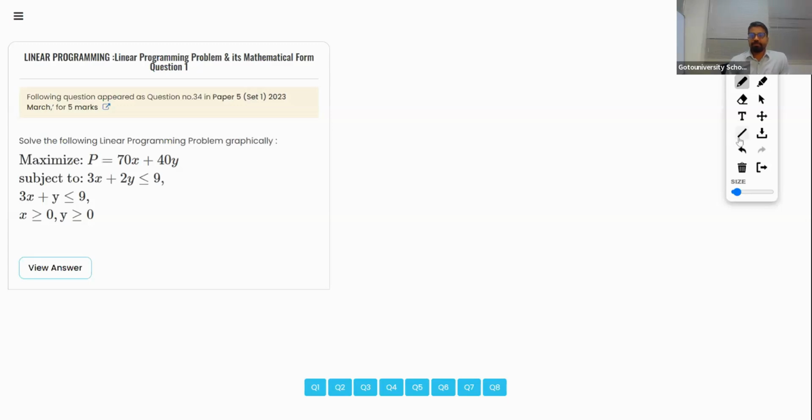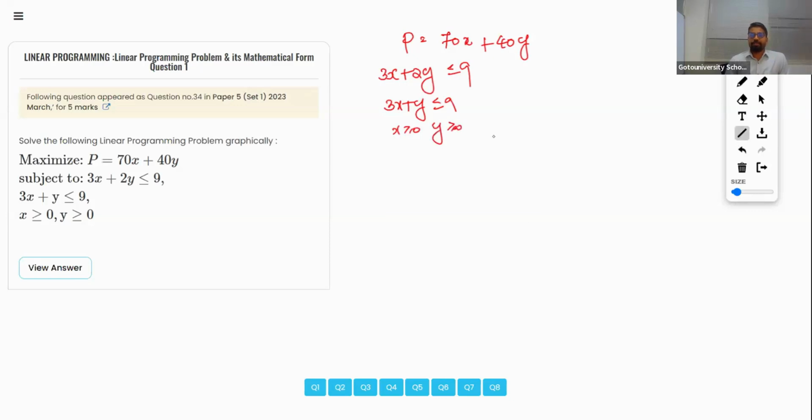The problem is here. P is equal to 70x plus 40y, which is subjected to constraints 3x plus 2y less than or equal to 9, 3x plus y less than or equal to 9, and x is greater than or equal to 0, y is greater than or equal to 0.